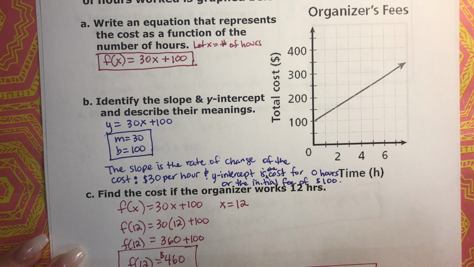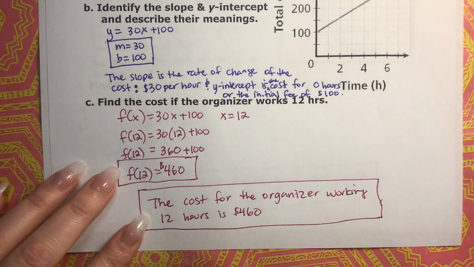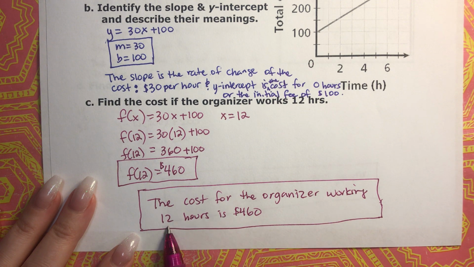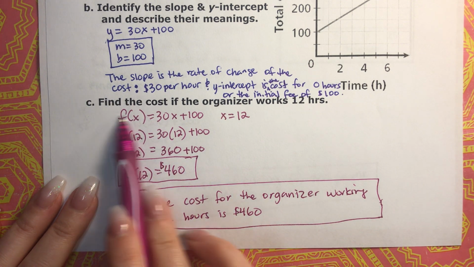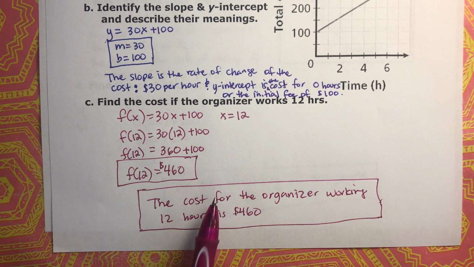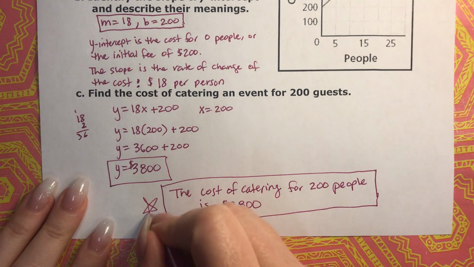So make sure that whenever you're doing application problems, you always have your answer in the form of a sentence like that. Oh, whoops, you couldn't even see it. Okay, so the cost for the organizer working 12 hours is 460. Remember, we took that function equation and substituted 12 in, and we got 460. So that's how you write the final answer right there for this problem, and also right here for this problem.